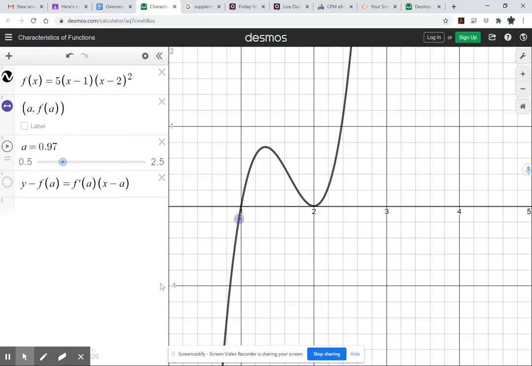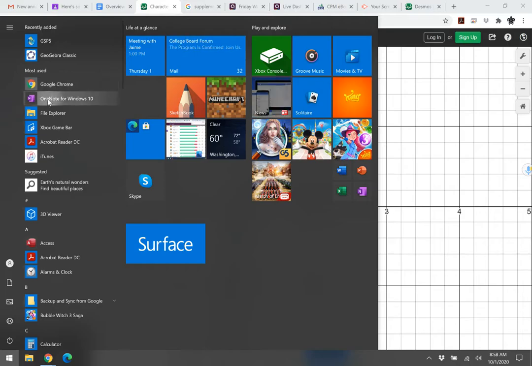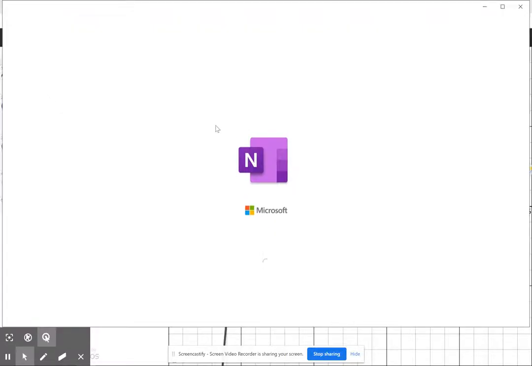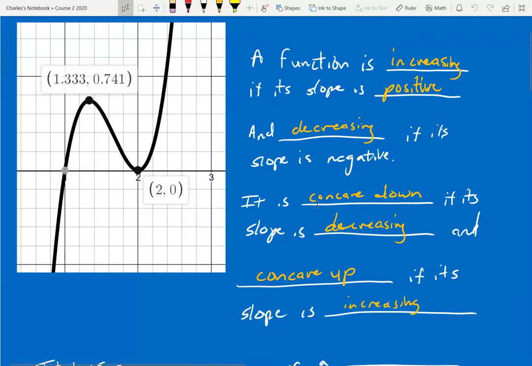Okay, so that has to do with increasing and decreasing, and that has to do with the slope. But notice there's another part to the definition that I just shared, which is concave down if the slope is decreasing, and concave up if it's increasing.